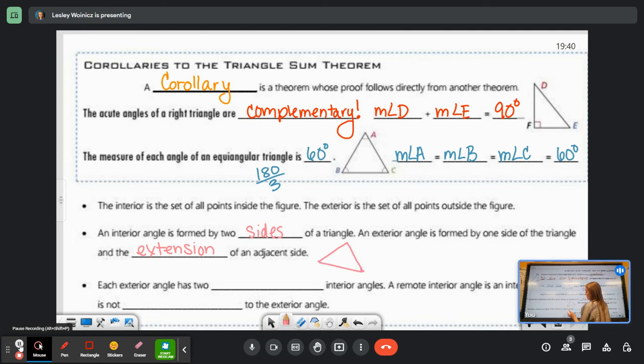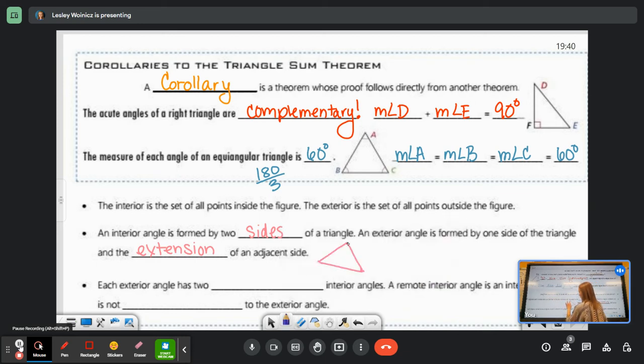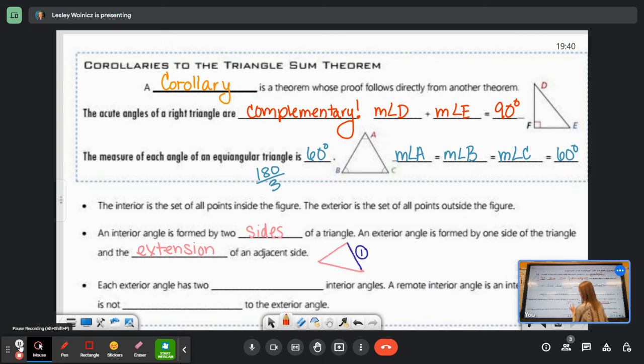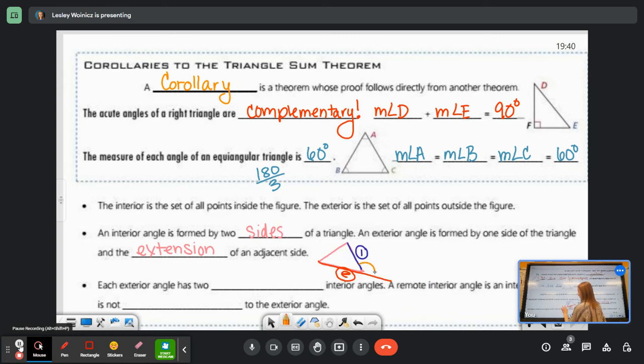Here's my one side, and then my extension. That was the worst E. The angle formed by those is this one here. This is the exterior angle.